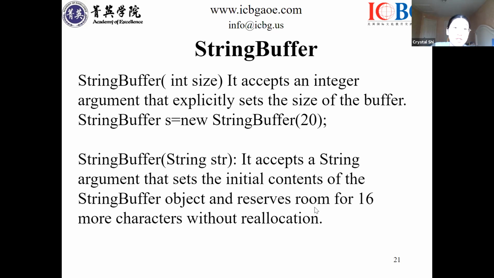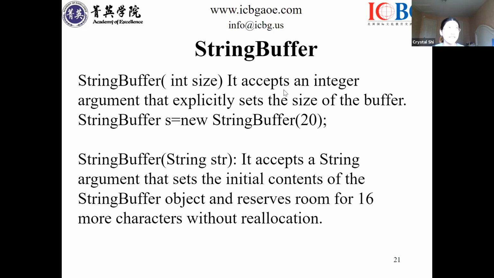Another option for making a string buffer is to pass it an initial string. In the previous ones with the size argument and the empty string buffer, we're creating a box of a certain size, but the box has no books in it. With this argument, if we're passing it a string, we're essentially giving it books to start with. It accepts a string argument that sets the initial contents of the string buffer object and then reserves room for 16 more characters without reallocation.